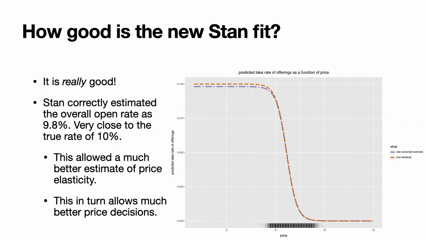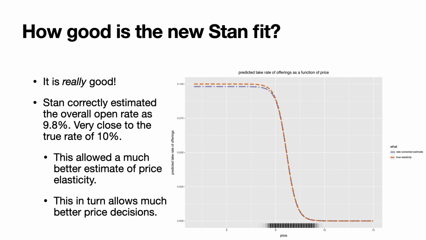How good is the Stan fit? It's actually really good. This is a graph where price is the x-axis and probability of accepting or taking the offer is the y-axis. It has now been rescaled, so 0.1 is the top, not 1.0, and the purple dashed-dotted line is the new estimate, and the orange dashed line is the ground truth, or what's actually happening. You can see the estimates are very close, only differing a little as we go back into the low prices.